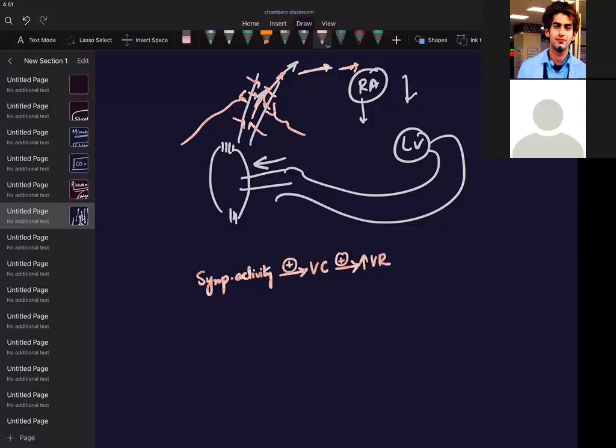This venous return is increasing the preload, or the end diastolic volume. And then what will happen? Increased stroke volume or cardiac output. So this is what is happening in exercise.